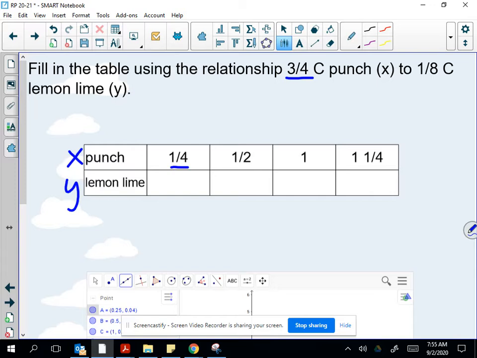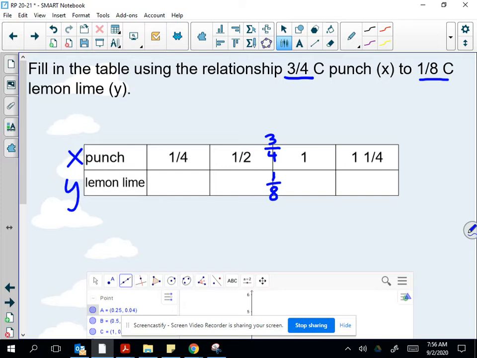I know that 1/2, I could also write that as 2/4. 3/4 is going to be greater than 2/4, but it will be less than 1/2 cup. So that tells me I can place that value, the 3/4 a cup of punch, here, which means my 1/8 a cup of lemon lime would go here.